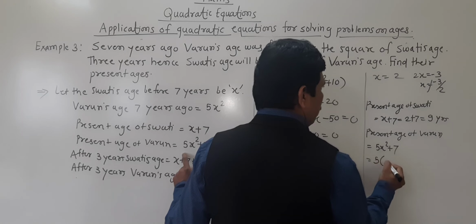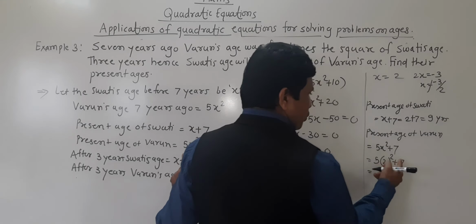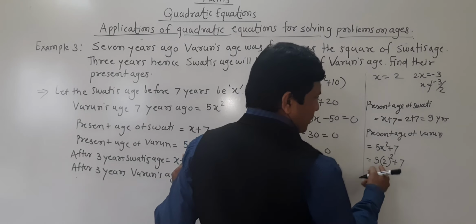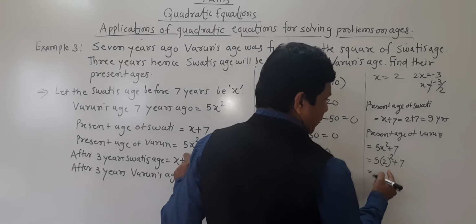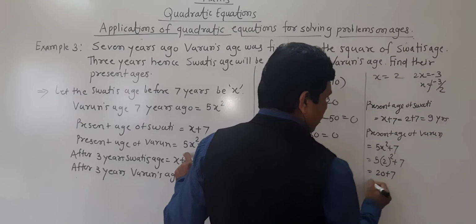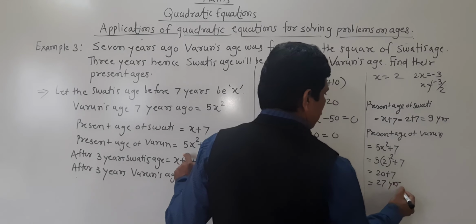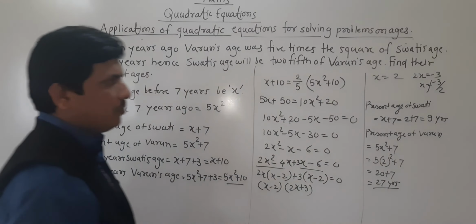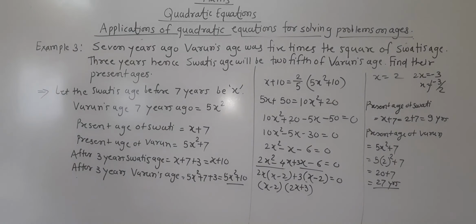So 5 into 2 square plus 7. So 2 square is 4, 4 fives are 20. 20 plus 7, 27 years. So Varun's present age is 27 years and Swati's present age is 9 years.